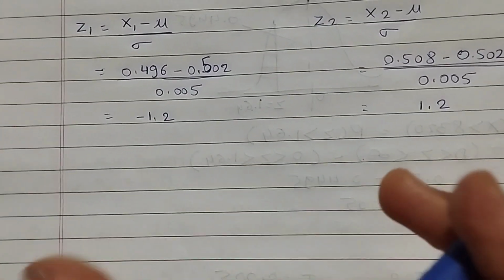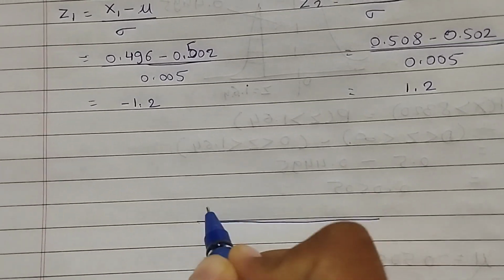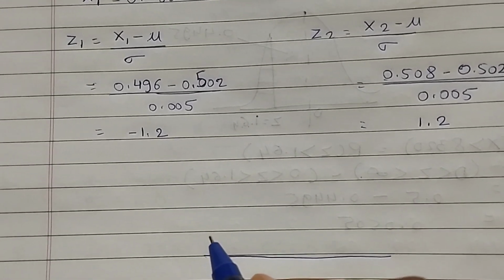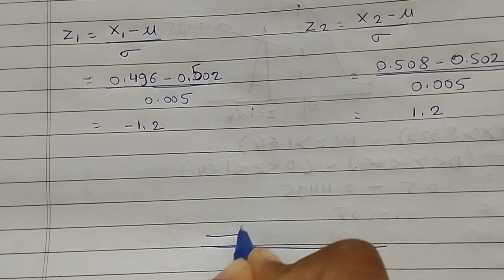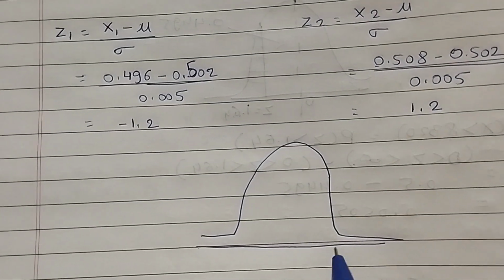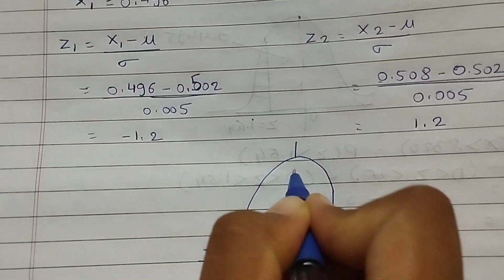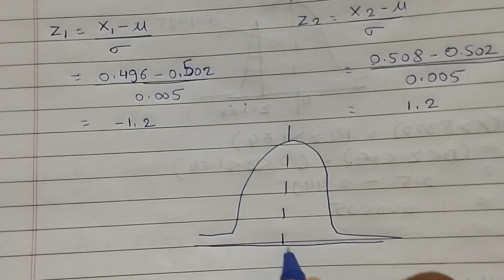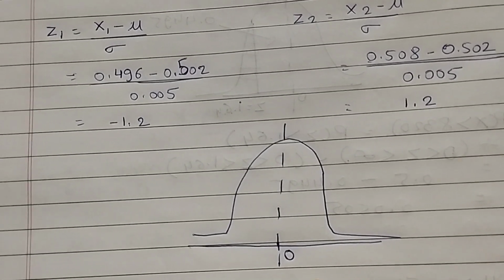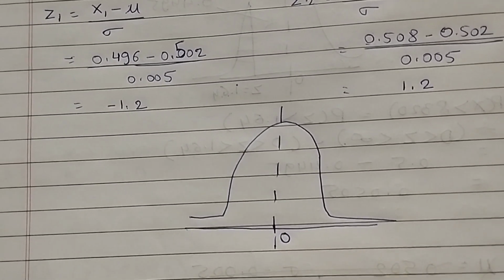Once we find the values of z, then draw a curve. By using this curve, we can quickly understand which area we want to calculate. So first calculate the value of z from the given value of x, and then draw the curve and the midline, which starts from z equal to 0. As I said, on the left side all the negative values are present, and on the right side all the positive values are present.